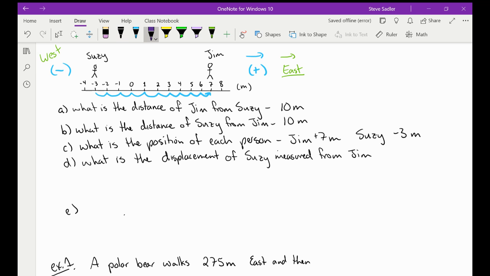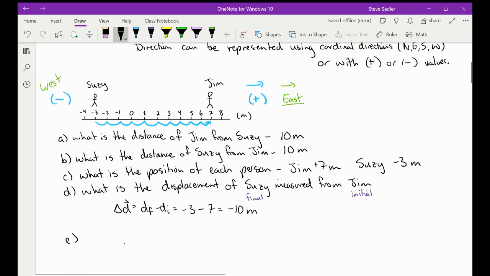So that means Susie is the final, Jim is the initial. We know that displacement is d final minus d initial. So if we plugged those in, final is negative 3 minus, and Jim was at positive 7. So negative 3 minus 7 is negative 10 meters.